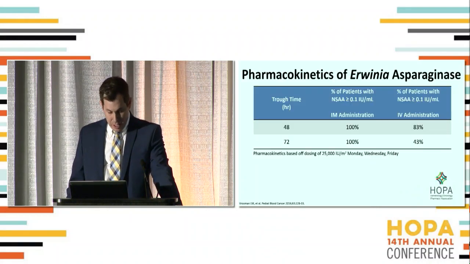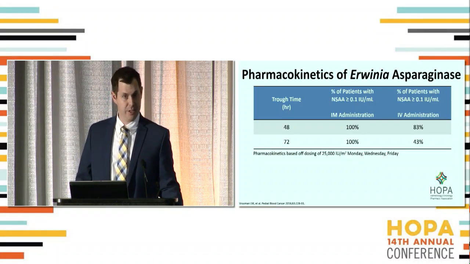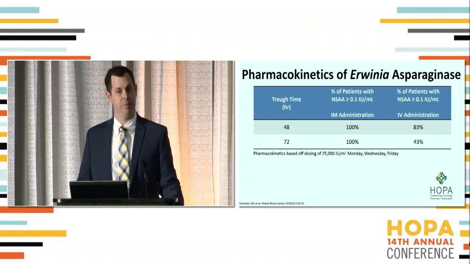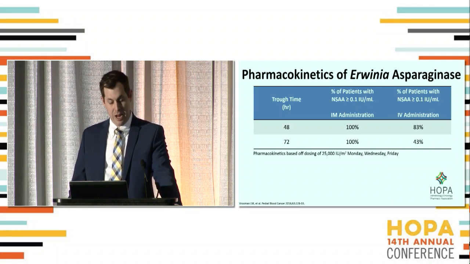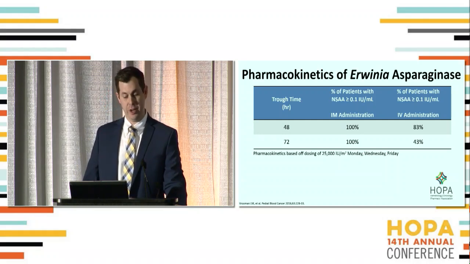We've already spoken about the limited half-life of Erwinia asparaginase. 6 doses replace 1 dose of PEG asparaginase on a schedule of 25,000 international units per meter squared, Monday, Wednesday, Friday, times 6 doses. This was a PK study looking at 48 and 72-hour asparaginase activity levels after IM or IV administration of Erwinia asparaginase.